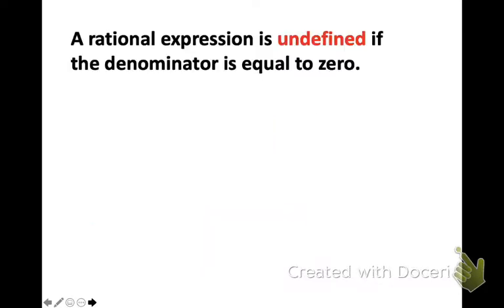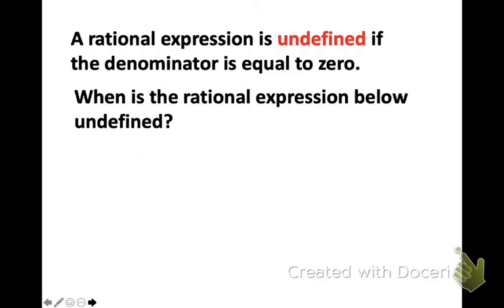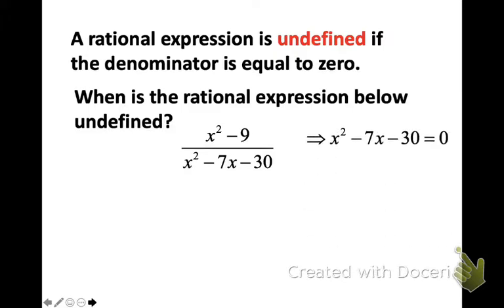I'm going to remind you again that if our denominator is equal to 0, it's undefined. Some of your homework examples might ask you, when is the rational expression undefined? All you need to do is factor the denominator, find what multiplies to -30 and adds to -7, and then use the zero product property.